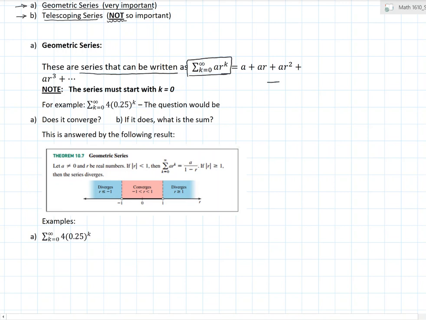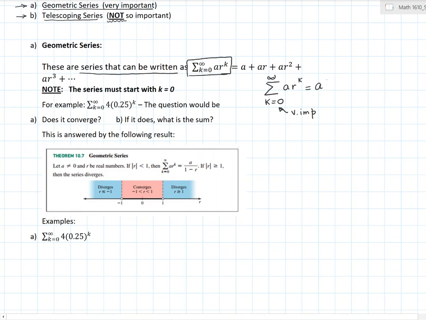So the series, first thing to notice is that it starts from 0 to infinity. So this is very important. Most of the series that we study start from 1, but this particular one starts from 0. So a times r raised to the power k. If you start with k equals 0, you're going to get r raised to the power 0, which is 1.